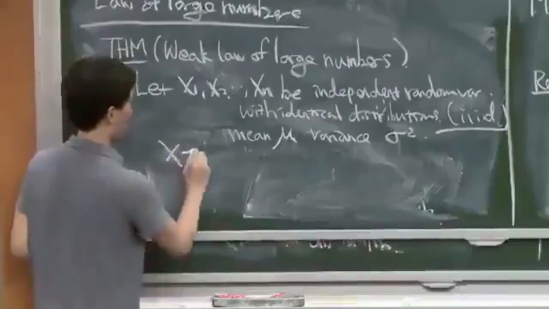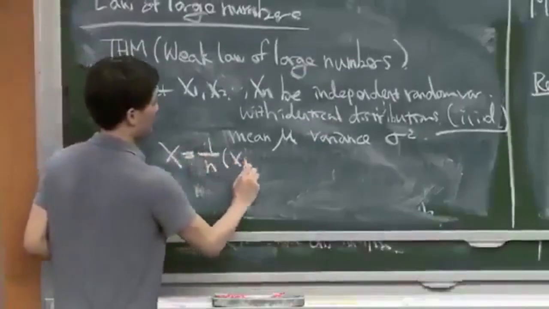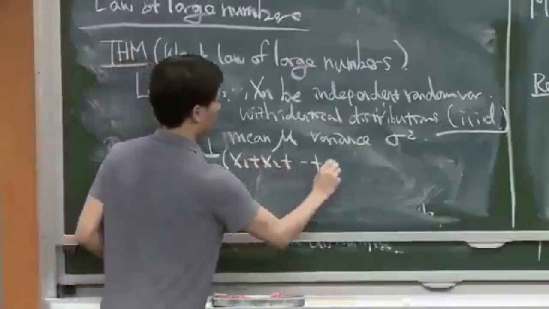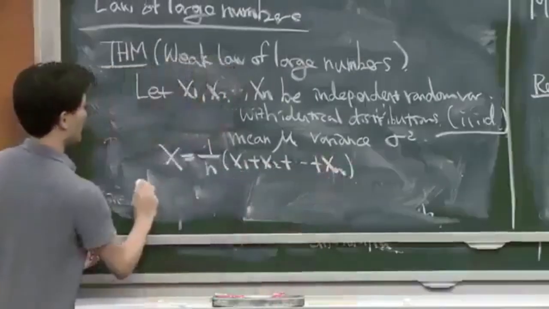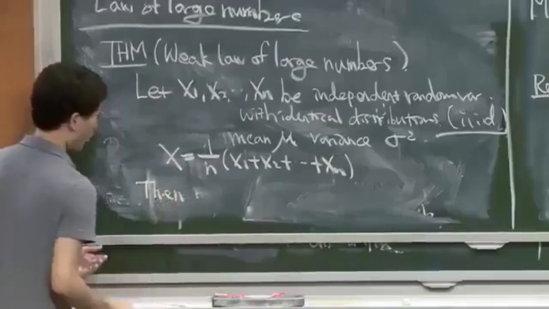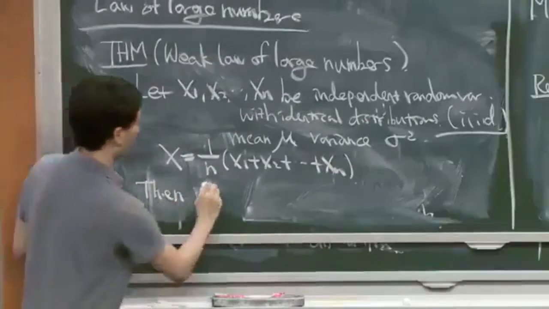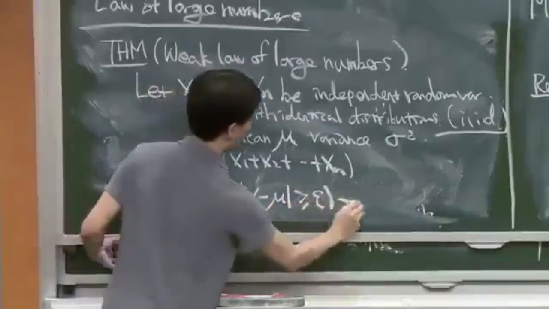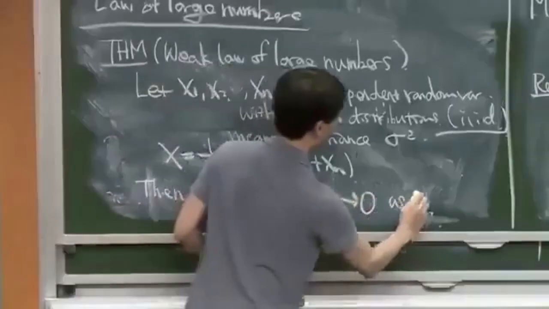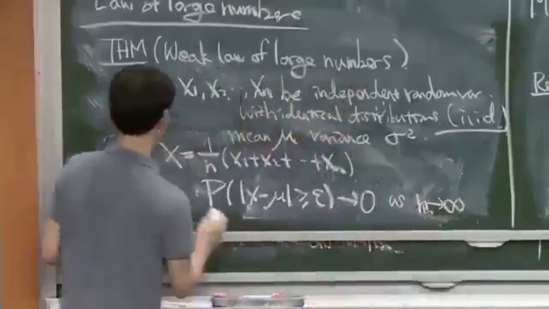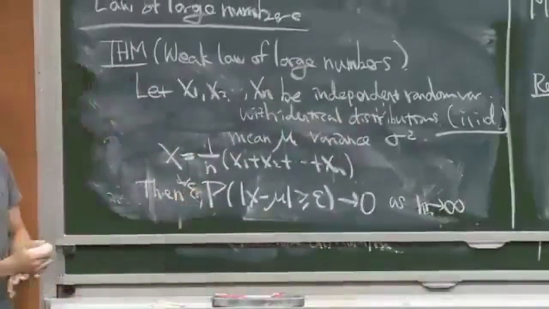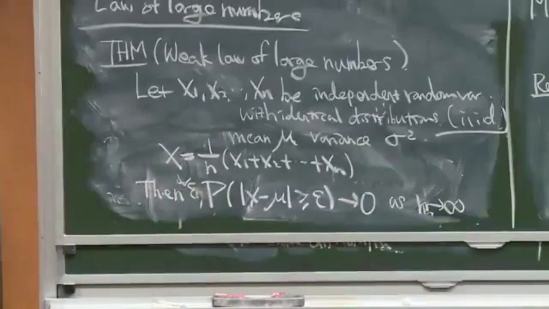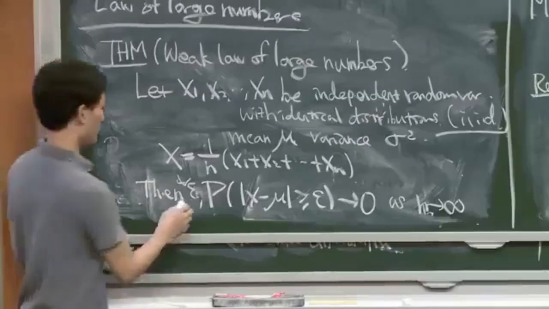Let us also define X as the average of the n random variables. Then the probability that X is far from the mean becomes small.